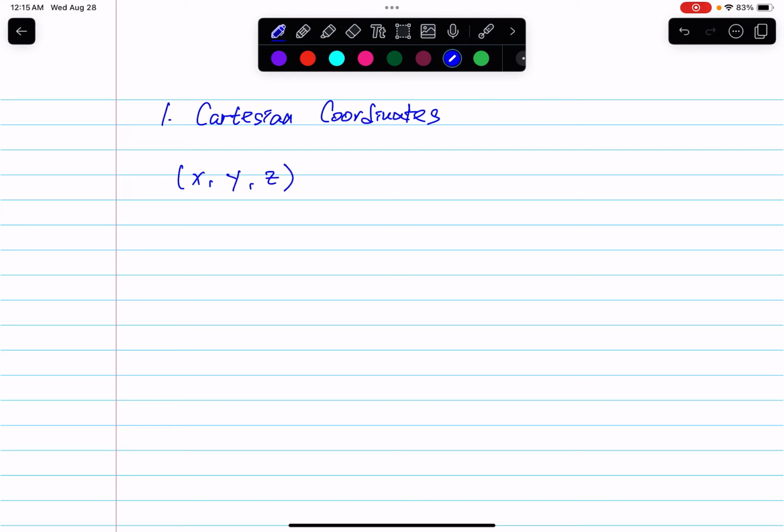So the coordinate systems are XYZ coordinates, and of course the base vectors are AX, AY, and AZ.